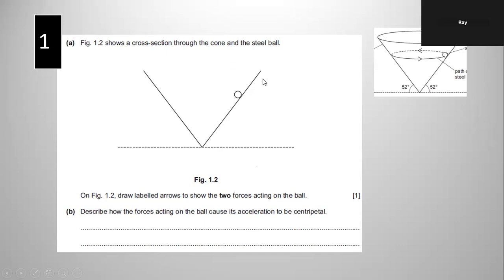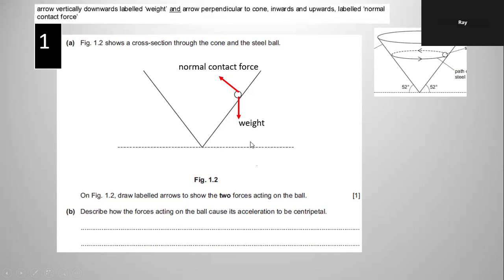That's a 2-dimensional picture. On the figure, draw labelled arrows to show the 2 forces acting on the ball. Weight acting downwards, correct. They call it normal contact force rather than normal reaction. That's the marking scheme: you must show the weight and the normal contact force.